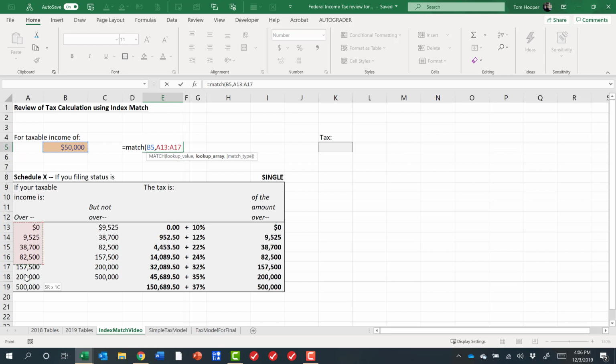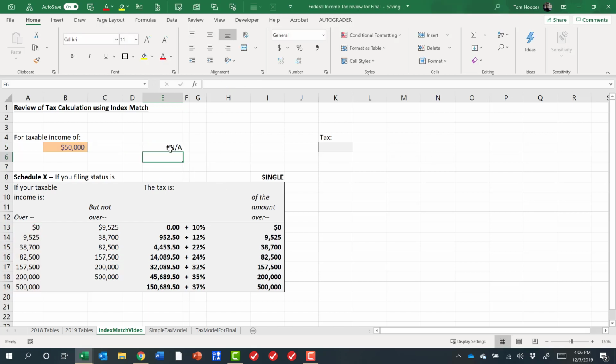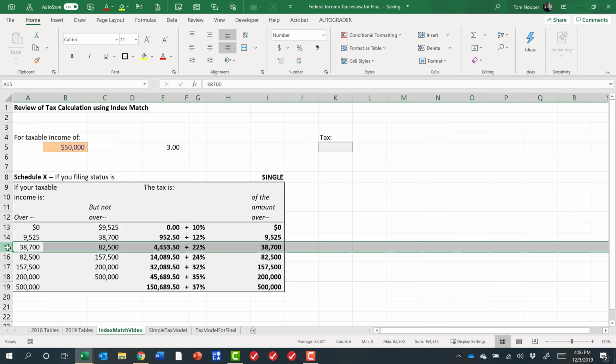Now lately we've been using match with 0 to get an exact match, but I hope it doesn't find an exact match for 50 on there. It gives me an error. If I leave the 0 off, or if I put a 1 instead of a 0, then it happens to tell me that you want to be on the third row of that table. So that's good to know.